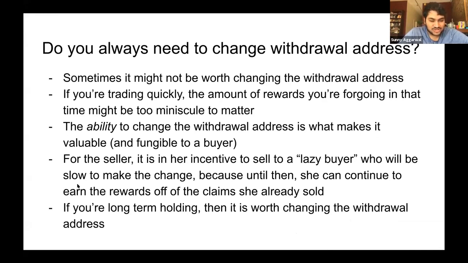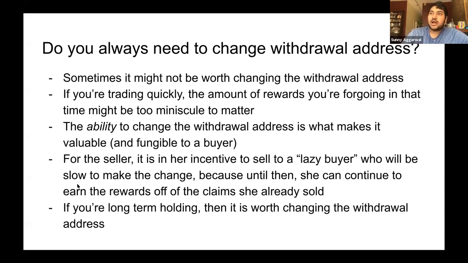And let's say I know Charlie is really lazy and he's not going to go and update the withdrawal address for a few days at least. And Bob, I know, is on top of his thing. He'll go do it immediately. Weirdly enough, I'd actually rather sell to Charlie, because for those few days he takes to update his withdrawal address, I'm earning extra rewards even after selling the asset.